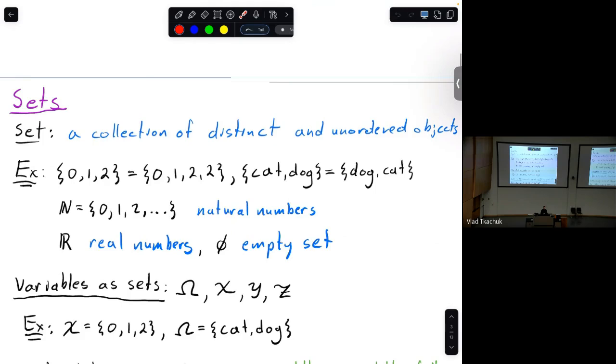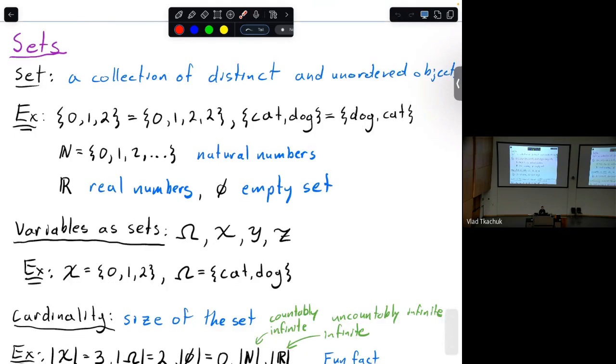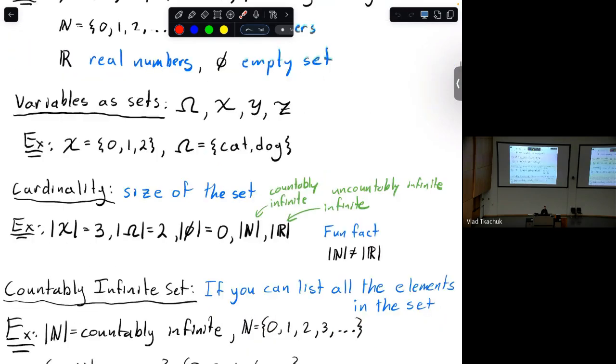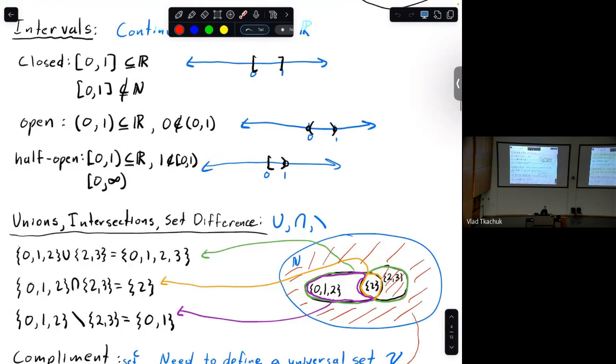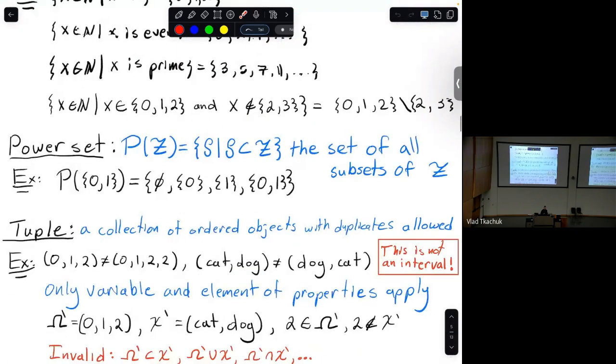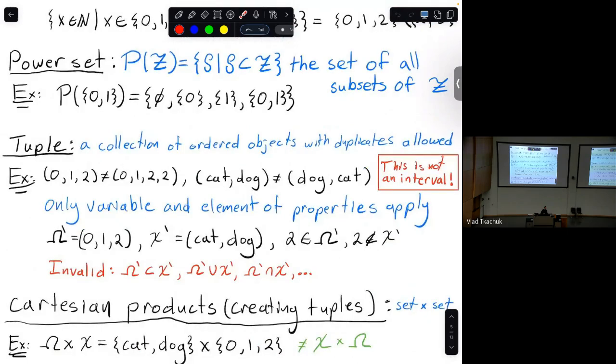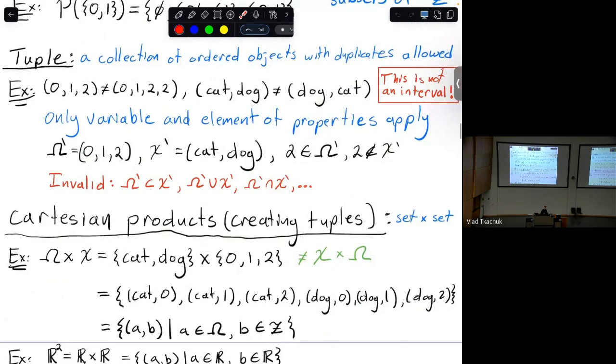So we started off on our little journey, defining sets and operations with sets. And then after that, all sorts of other objects. I don't know, tuples, which are ordered sets that can have duplicates.